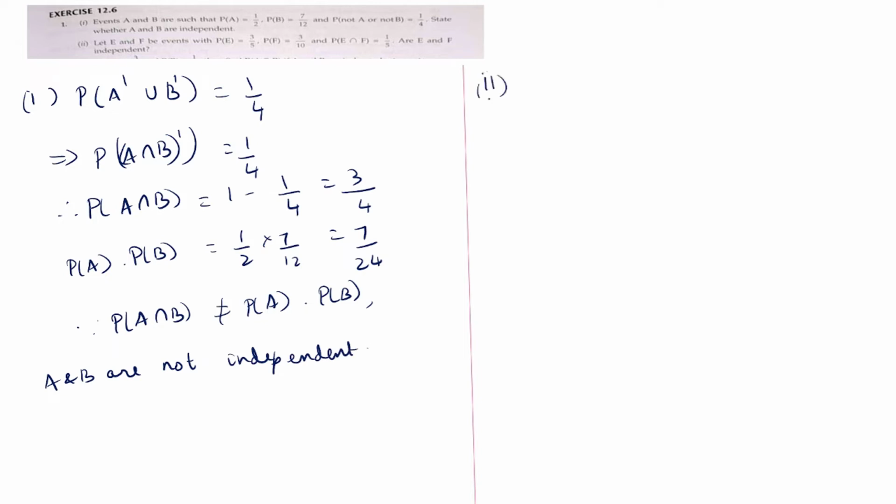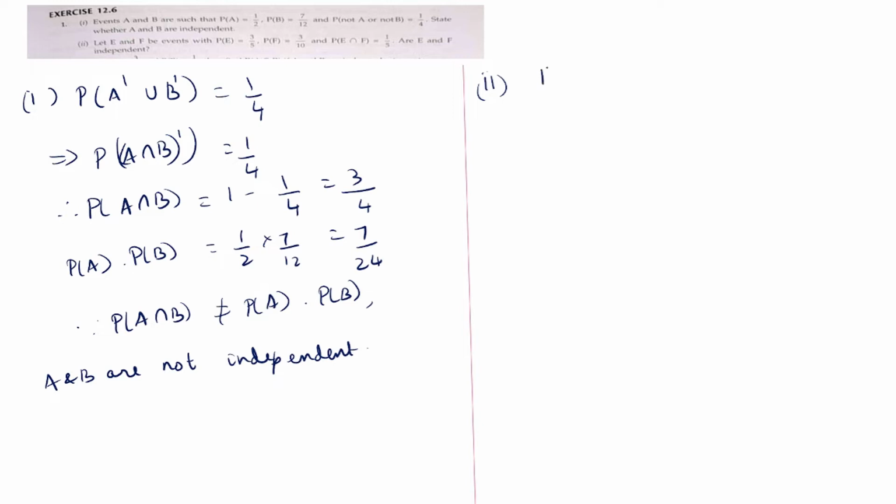Now the second subdivision. Let E and F be events with probability of E equal to 3 by 5, probability of F equal to 3 by 10, and probability of E intersection F equal to 1 by 5. Are E and F independent? Here probability of E intersection F is given directly.